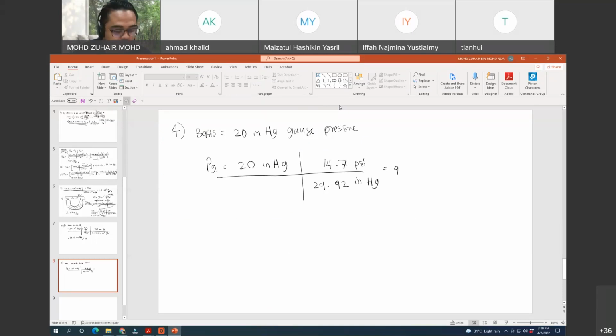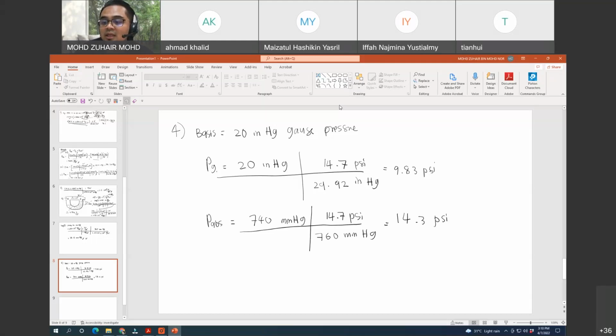So it equals 9.83 PSI. And then for the absolute pressure, which is the barometer reading, stated 740 mmHg, we want it to be in PSI. So 760 mmHg is equal to 14.7 PSI. So we're going to get the answer of 14.3 PSIA.